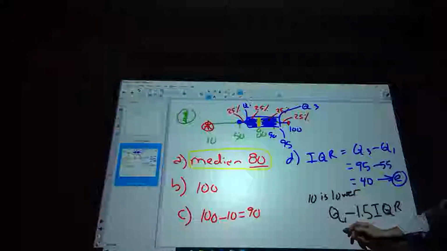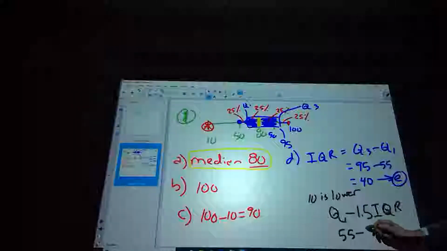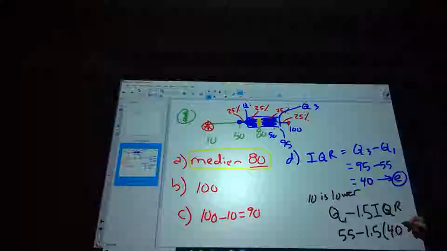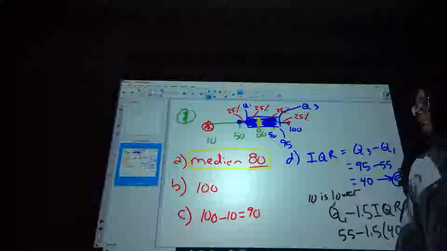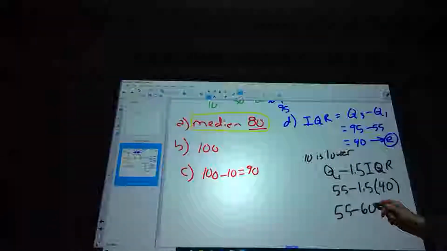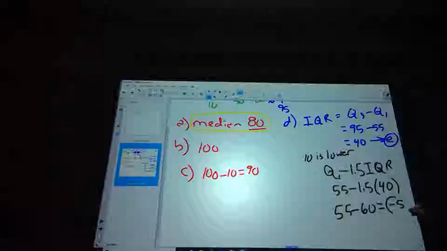Looks like 55. So I have 55 minus 1.5 times the IQR, which is 40. So 1.5 times 40 is how much? It's 60. 60. Good. Thanks for participating. All right, 55 minus 60 is negative 5.